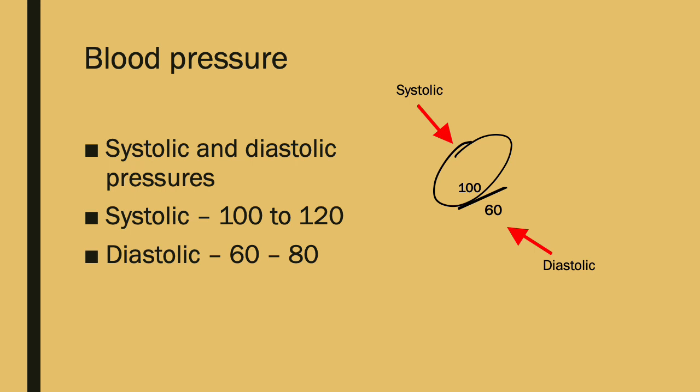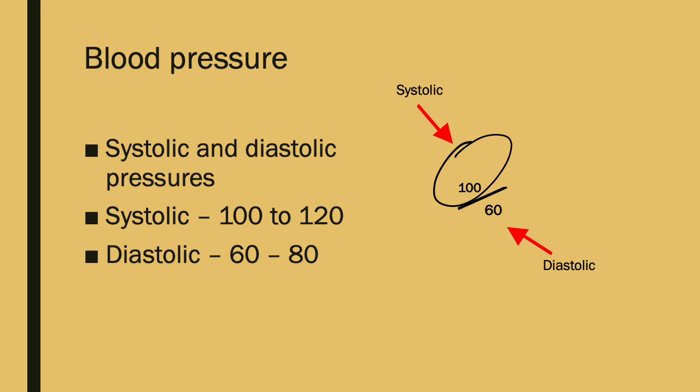Blood pressure. This is the pressure within the blood vessels, in particular within the arteries. And the blood pressure has two components to it. There is a systolic component and a diastolic component. Now, these two components are really the phases of the heart's contraction and relaxation.